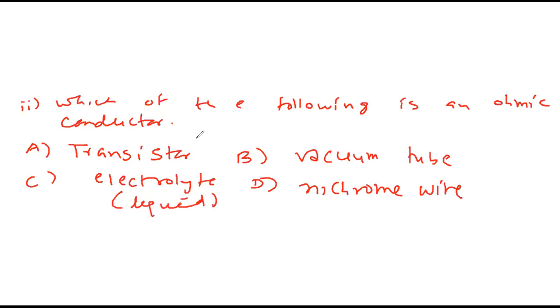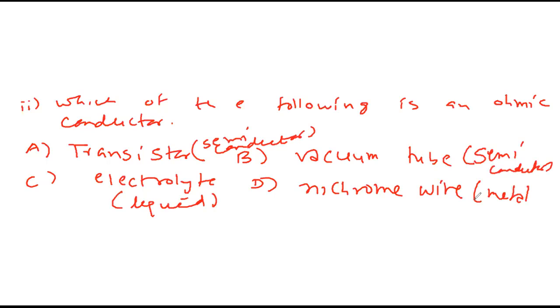Sir, nichrome wire. Transistor is called a semiconductor. There are three types of substance: conductor, insulator, semiconductor. This is also a semiconductor. Who is metal then out of this? Nichrome wire is metal. This obeys Ohm's law. D is the answer. You can write down: metal obeys Ohm's law.